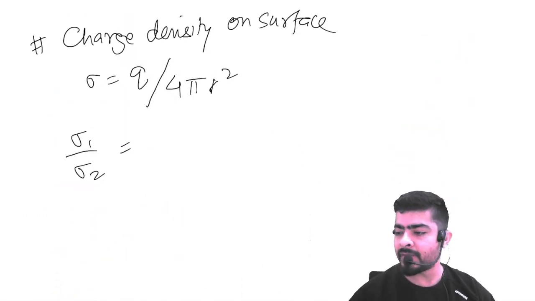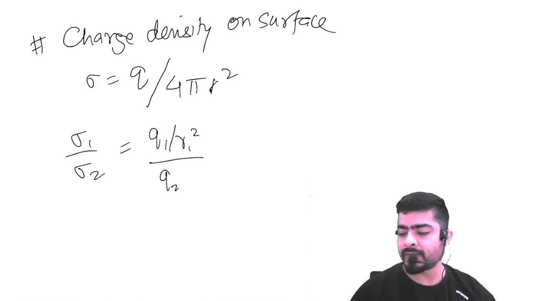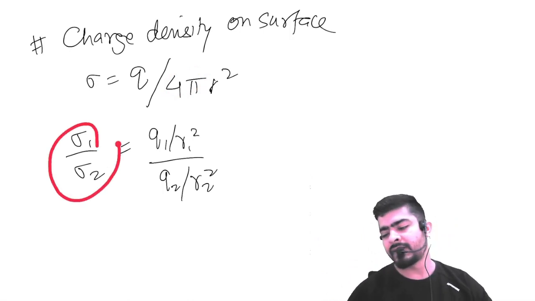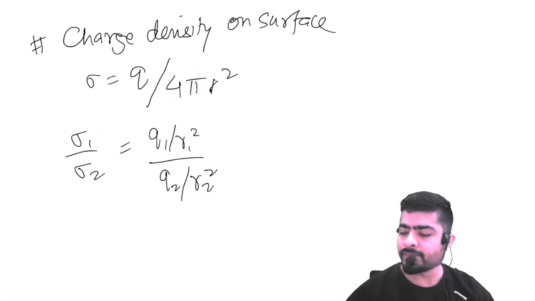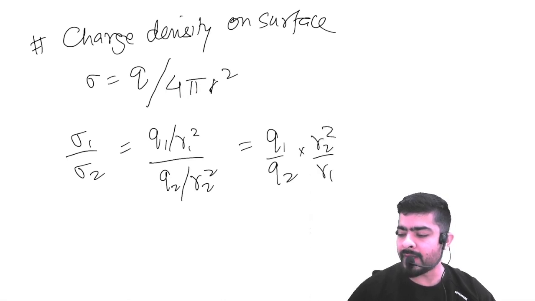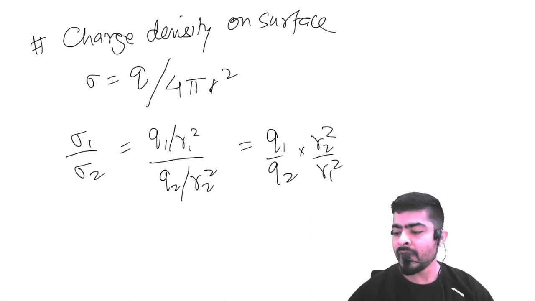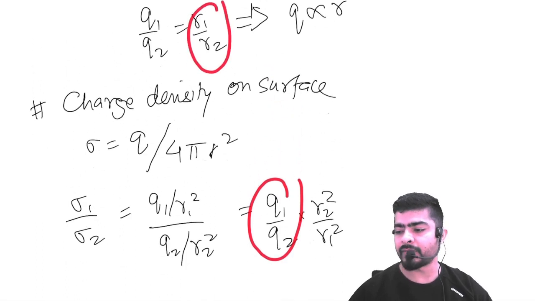So sigma 1 by sigma 2 will give me q1 by r1 square divided by q2 by r2 square. This 4 pi term will cancel out in the division. Correct? So this is equal to q1 by q2 times r2 square by r1 square. But q1 by q2 is what? r1 by r2.